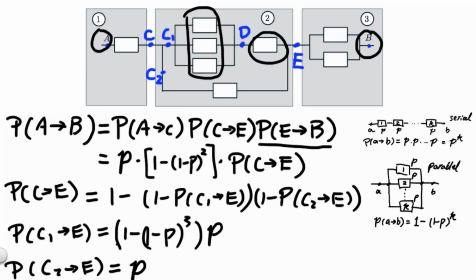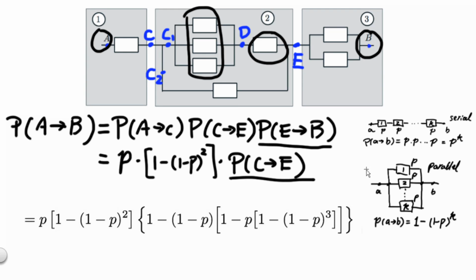At this point, there are no longer any unknown variables, and we have indeed obtained exact values for all the quantities that we're interested in. So starting from this equation, we can plug in the values for P of C2 to E and P of C1 to E back here, and then further plug in P of C to E back here. That will give us the final solution, which is given by the following somewhat complicated formula.